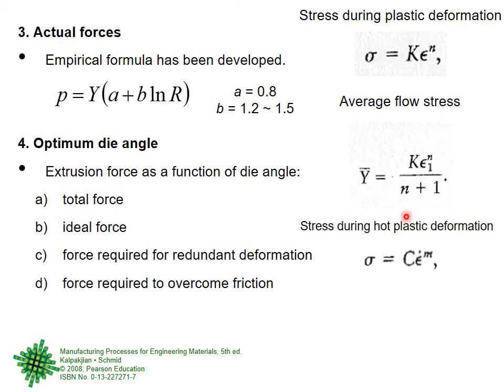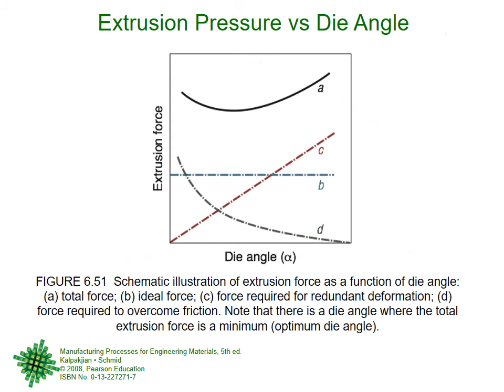And if there is hot work, then this Y or this sigma is C epsilon dot M. So I am just repeating the equations which we've shown you earlier in forging and rolling and so on, because this Y will depend on that, isn't it? I told you when I was explaining these for the first time that whether you are doing rolling or forging or extrusion, these general equations of material science will be the same.